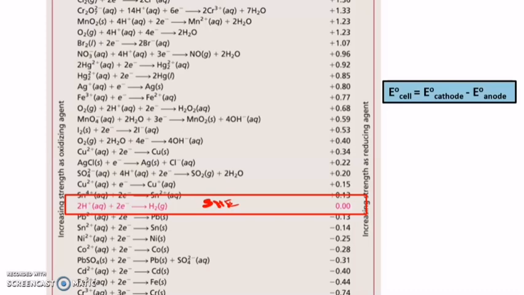By using the formula E naught cell equal to E naught cathode minus E naught anode and relating it with the SHE value, we can calculate the standard electrode potential for the electrode in our galvanic cell.